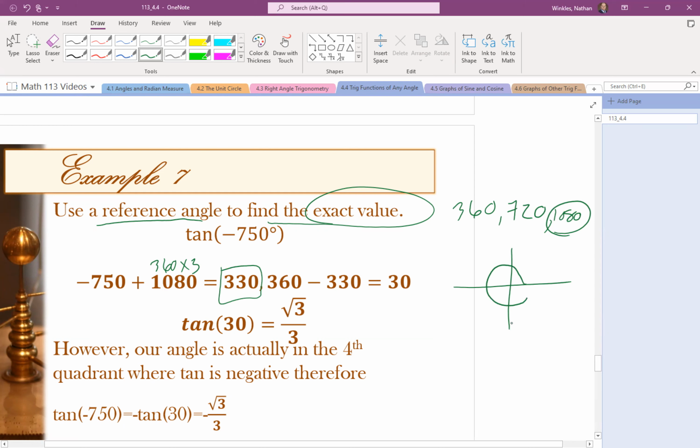That puts us here. So we take 360 minus 330 to get 30. We then figure out the tangent of 30 degrees, which is root 3 over 3. So that puts us here. I'll use theta prime as that.